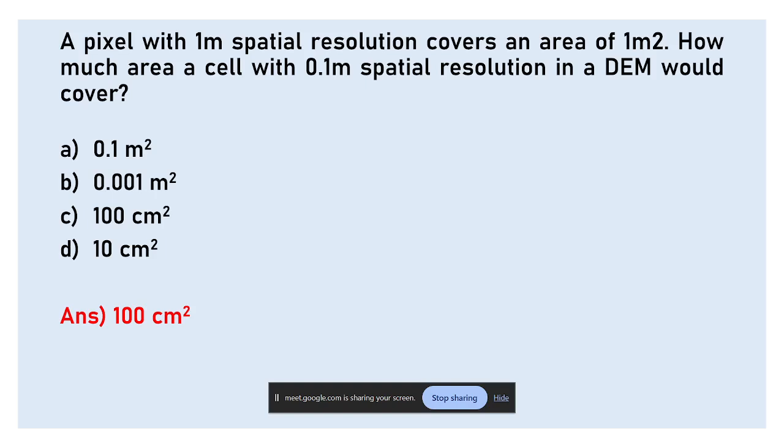So it is 100 centimeter square. How? 0.1 multiplied by 0.1 will give you 0.01. So that is 0.01 meter square, which is basically 100 centimeter square.